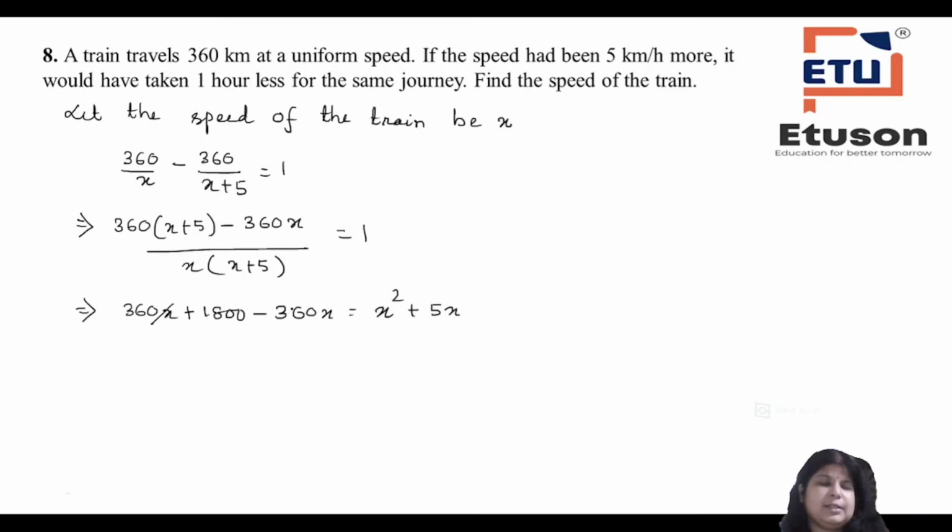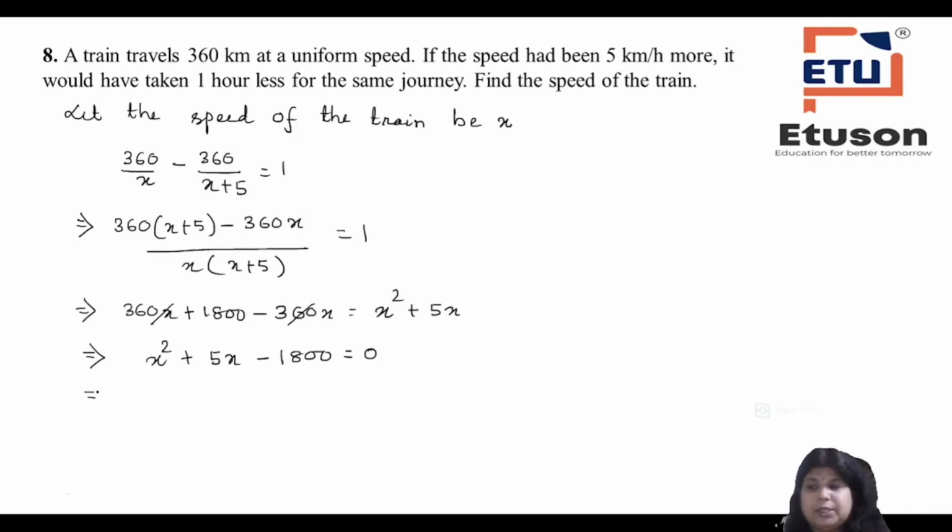So this 360x plus and minus 360x is going to be cancelled. So you will be left with x square plus 5x minus 1800 is equal to 0, correct?